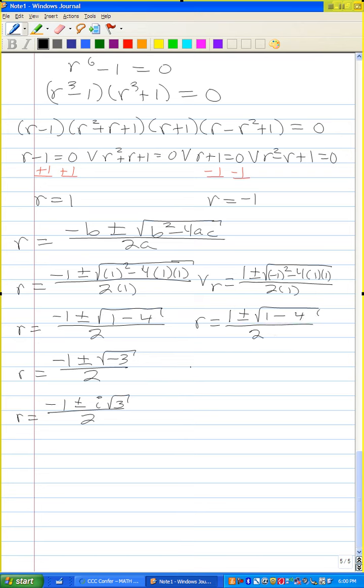Let me do problem number 16. Find the geometric mean of negative 3 and negative 27. And so the geometric mean for two numbers will just be the square root of their product.